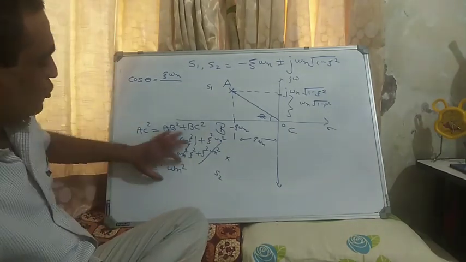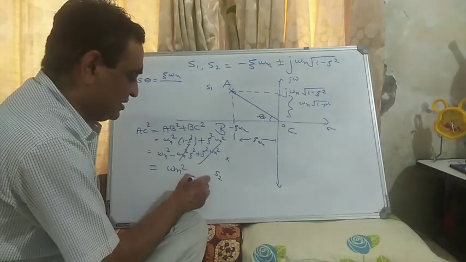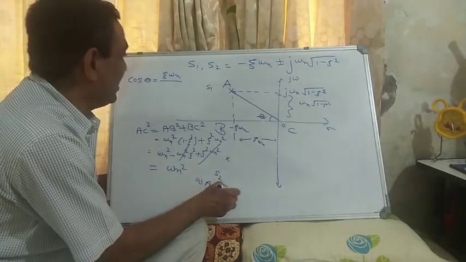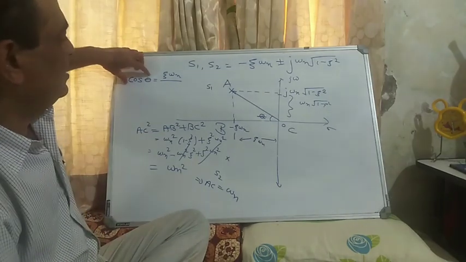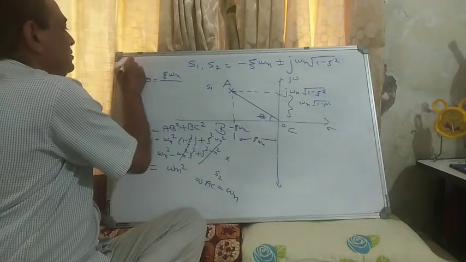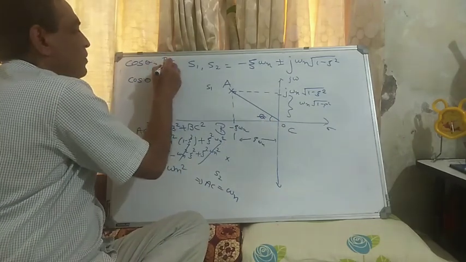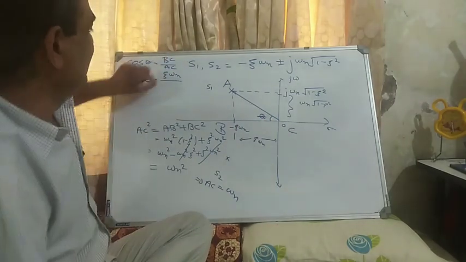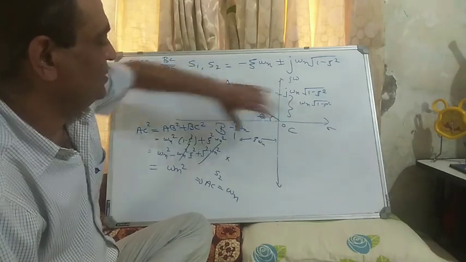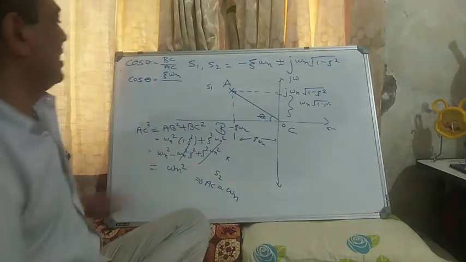So AC square is equal to omega n square, hence AC is equal to omega n. So cos theta is adjacent side BC upon AC. BC is xi omega n and AC is omega n.